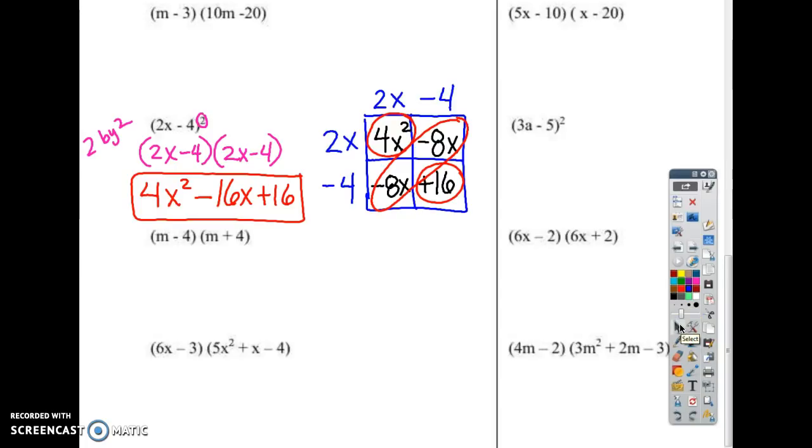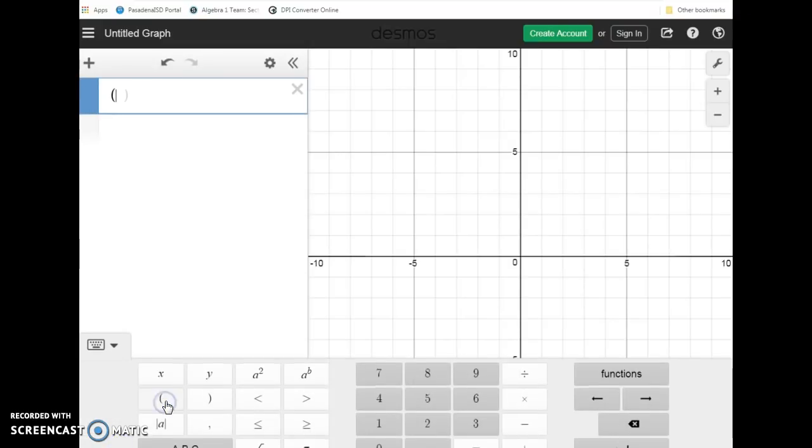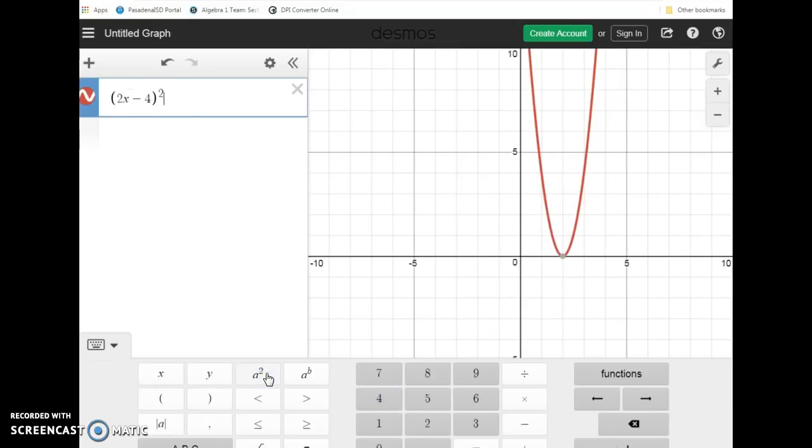Okay, real quick before I do the next one, I want to show you why we need Desmos open. If you put this in one slide on Desmos and you put your answer in the other slide in Desmos, they should match. Okay? So let's try it. I have 2x minus 4 squared here, parentheses, 2x minus 4 close parentheses squared.